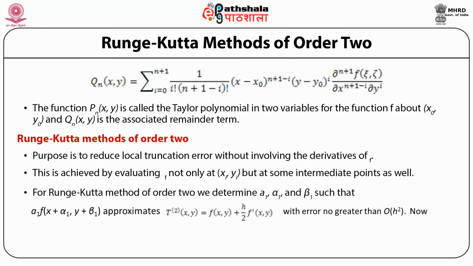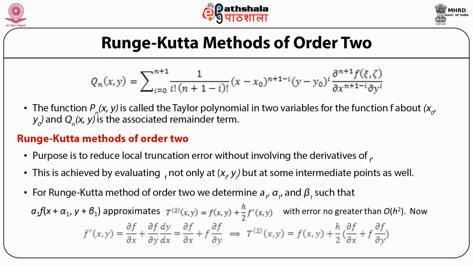For Runge-Kutta method of order 2, we determine alpha 1, a1 and beta 1 such that a1 into f of x plus alpha 1, y plus beta 1 approximates T^(2)(x,y) equals f of x,y plus h by 2 f prime of x,y with error no greater than O(h squared).